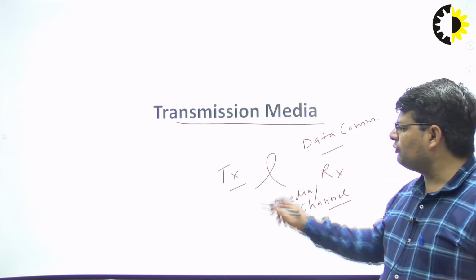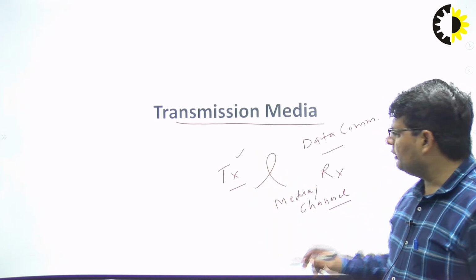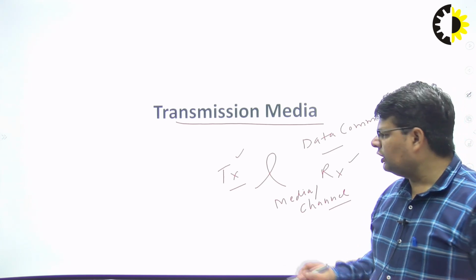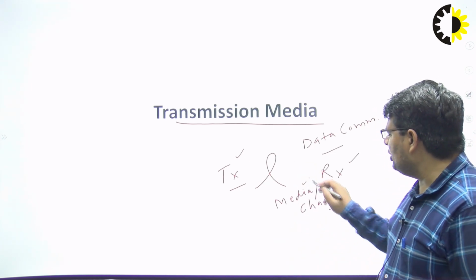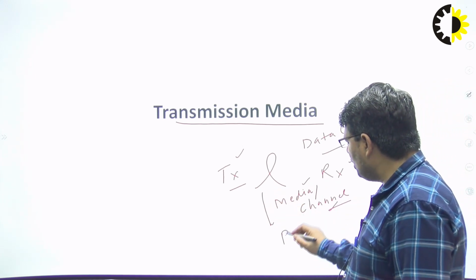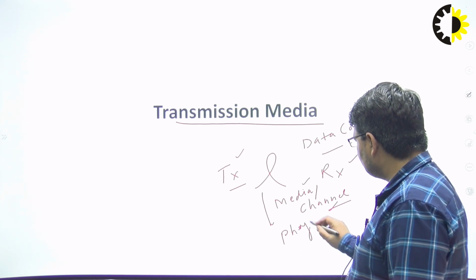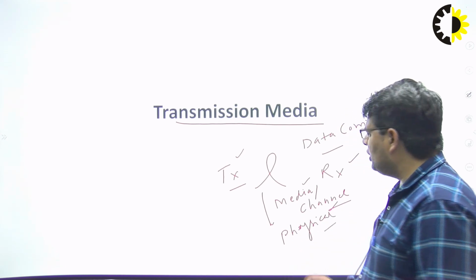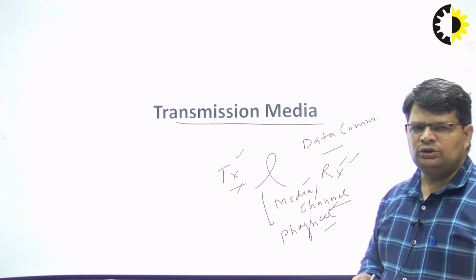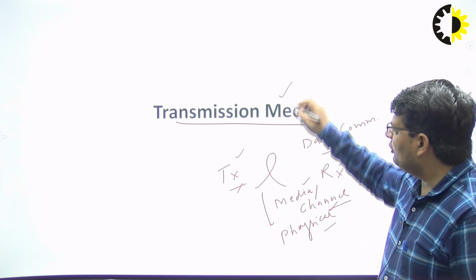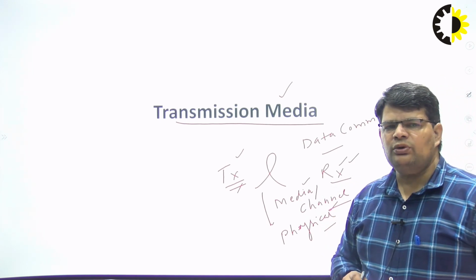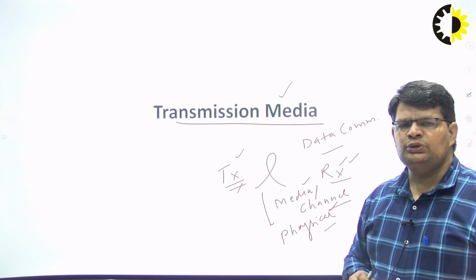That means we have to use some kind of transmitter, some kind of receiver, and for conveying information we have to use some kind of media or channel, that is, some kind of physical medium that will connect the transmitter with the receiver. So transmission media is required for connecting the transmitter with the receiver so that a large amount of data can be conveyed from one place to another place.